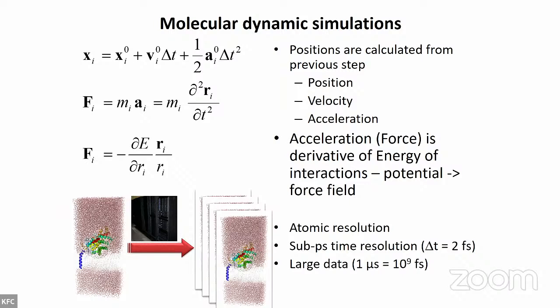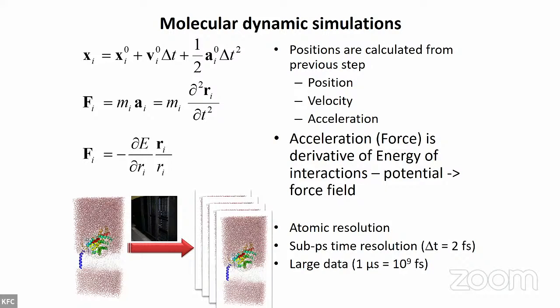And the molecular dynamics simulation is based on molecular mechanics, but it adds the dynamics part. So it adds the movement of individual atoms and individual particles, and not only how quickly they are moving by their velocity, but also how this velocity is changing by the acceleration.